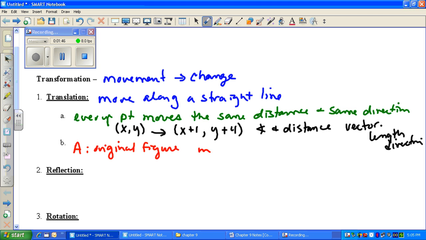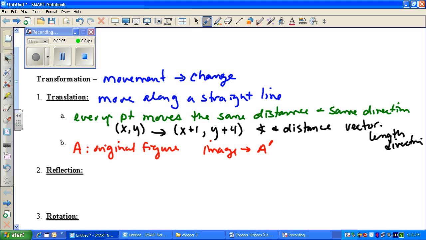And then the result of this translation, or any transformation, is an image of A, which we're going to call A prime. The image is referred to as A with a little prime, and that's just a little slash.